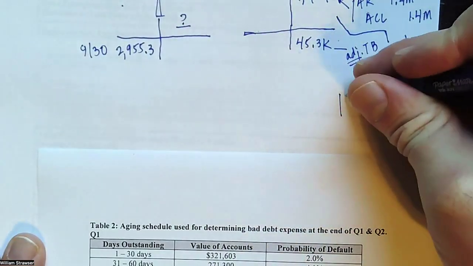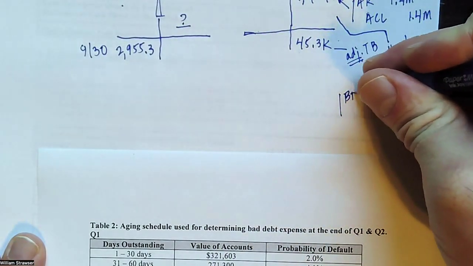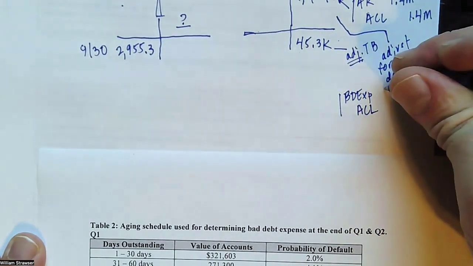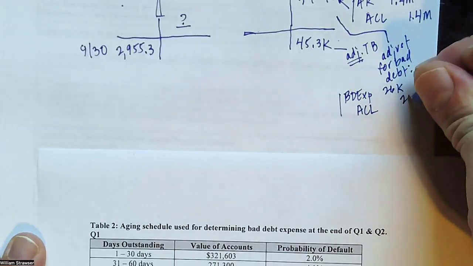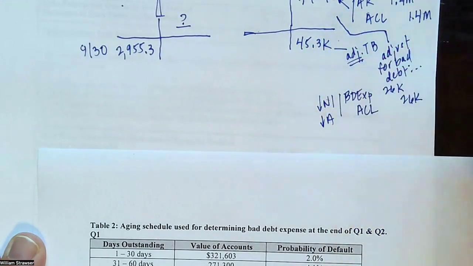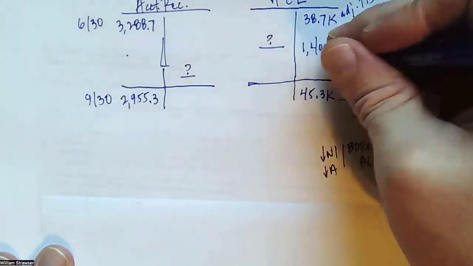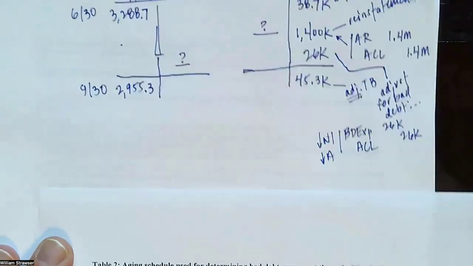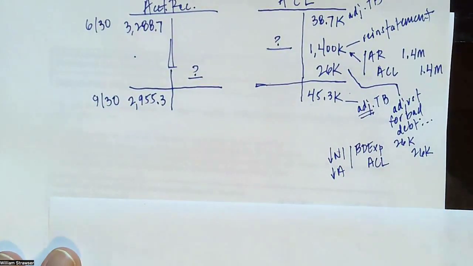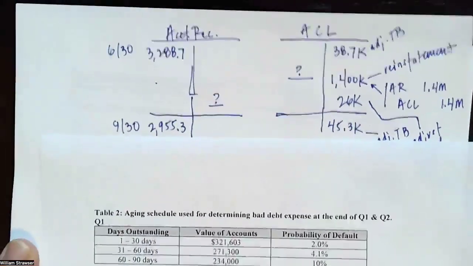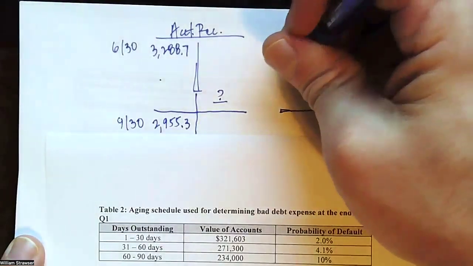Remember, that would look like a debit to bad debt expense and a credit to ACL for 26,000. That reduces my net income. This reduces an asset. So that'll be 26,000 here. Now, finally, those are the other two things that affect ACL: reinstatements, adjustments for bad debt, and finally my write-off.